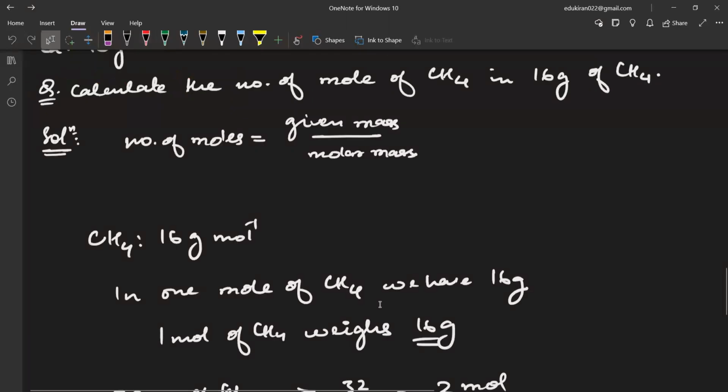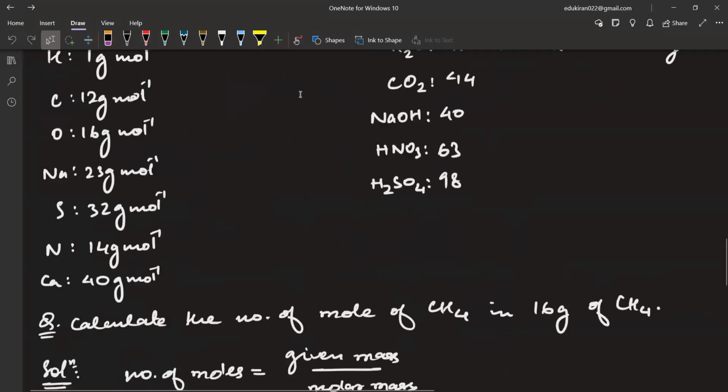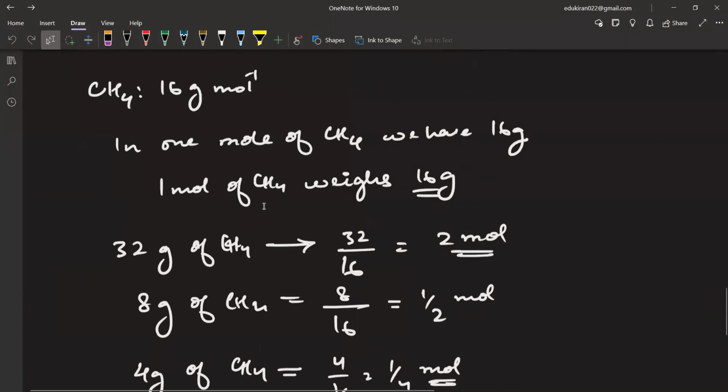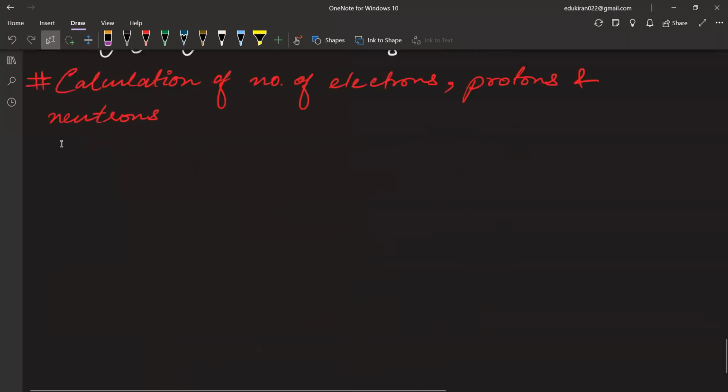Okay, calculation of number of electrons. Sorry.